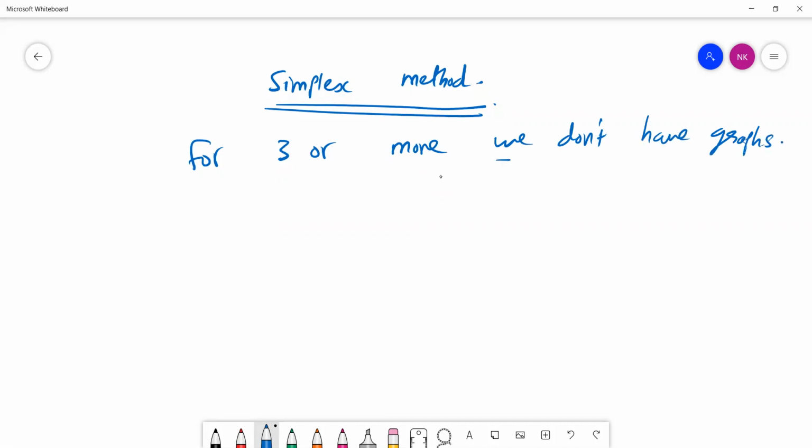It will not be possible to have graphs because we are taking one decision variable on each axis.